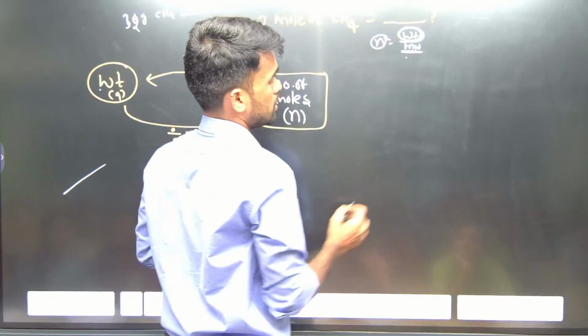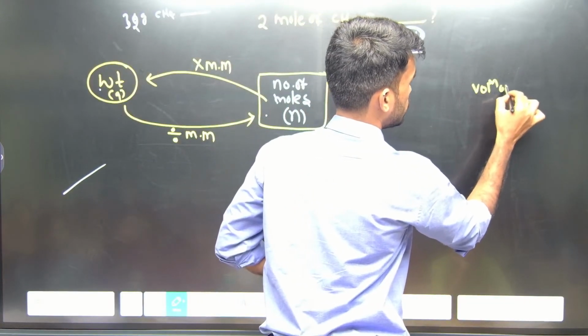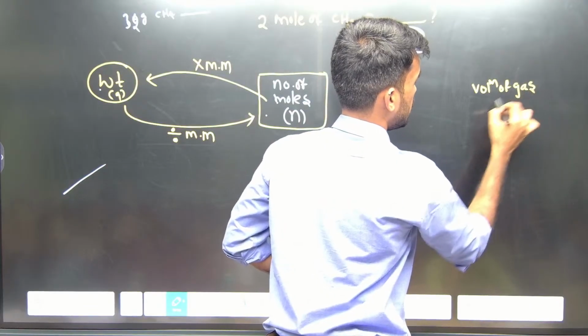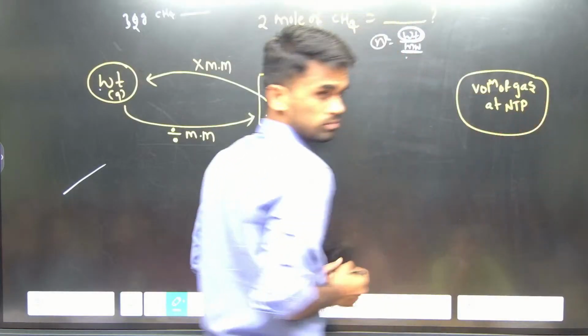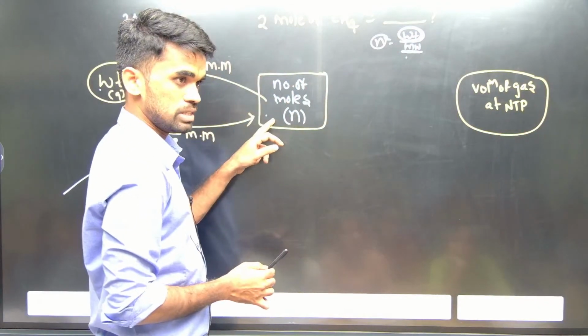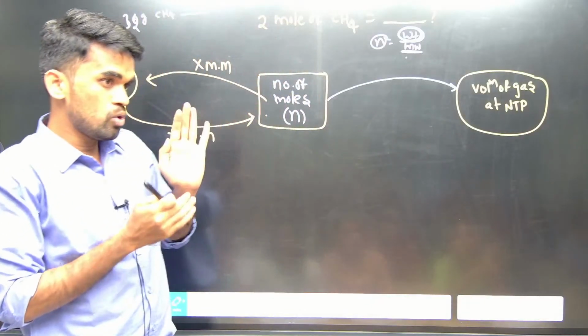Next one is volume. Volume of gas at NTP or STP, you can take this side. Now I have the number of moles. Now how much volume it has, I am asking you. 1 mole occupies how much volume?